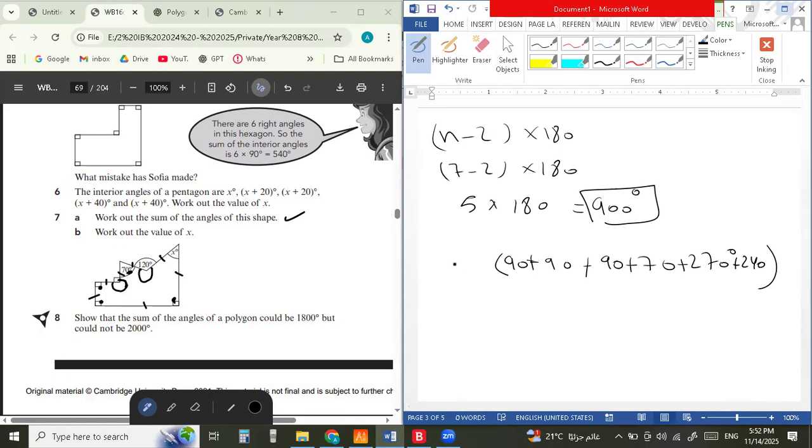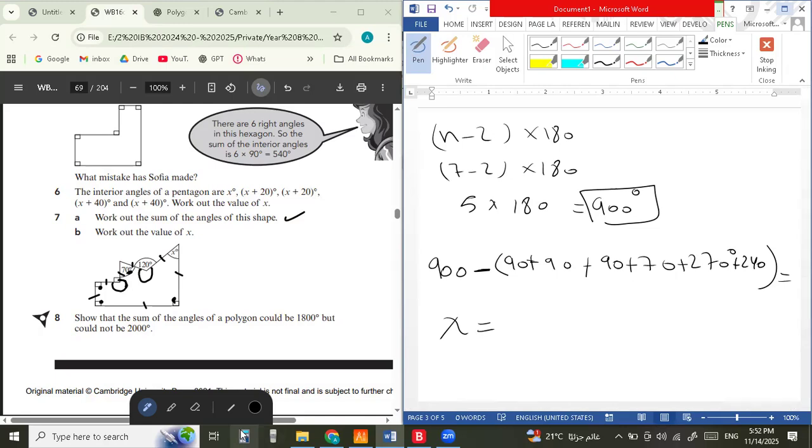I found that the 7 angles together add up to what? The sum of the interior angles, the 7 angles, is 900. So it is 900 minus the 6 that you have, which is all of this, will give you x. So x equals 900 minus all the 6 angles that we have.